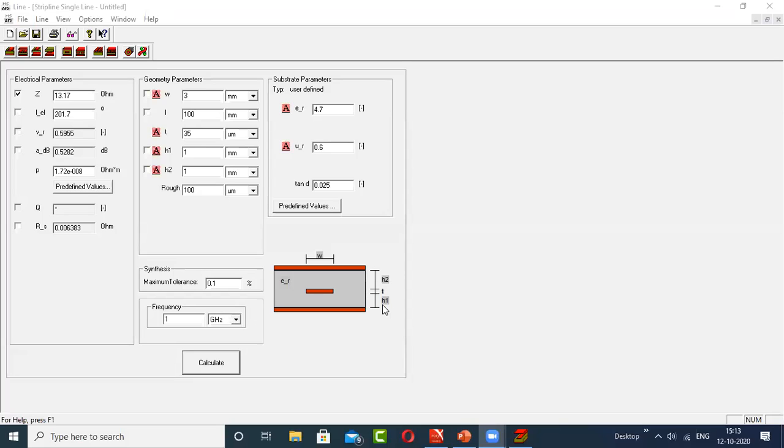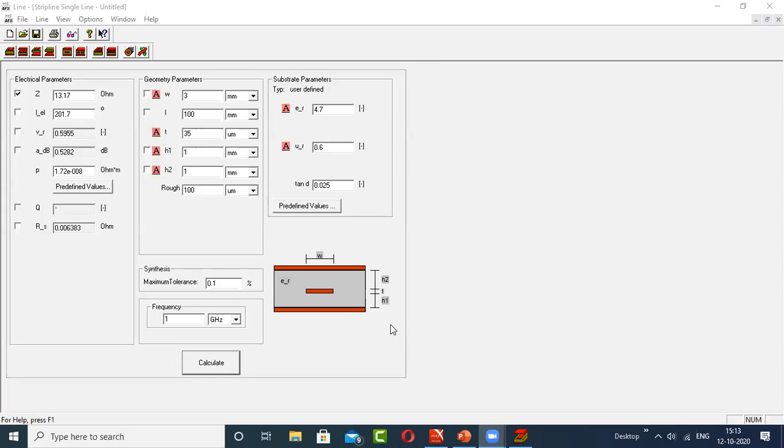Here you can see there is a thickness parameter, the thickness of the conductor, the width of the central conductor, then the dielectric material, and heights H2 and H1. So H1 and H2 will be taken separately.